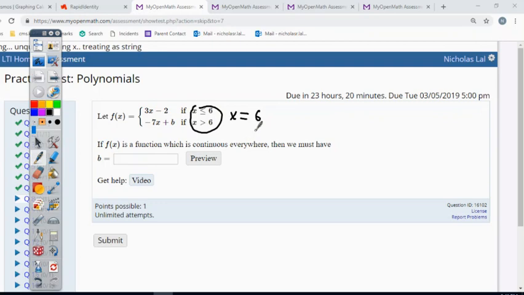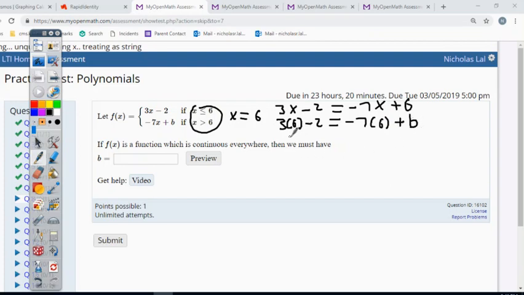So 3x minus 2 has to be equal to negative 7x plus b when x is equal to 6. We're going to plug in 6 for x: 3 times 6 minus 2 equals negative 7 times 6 plus b.